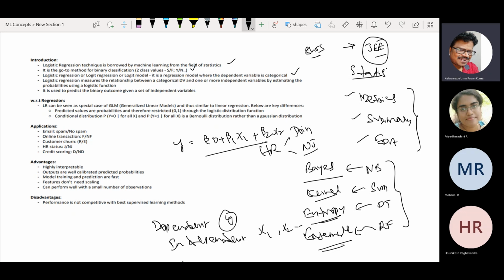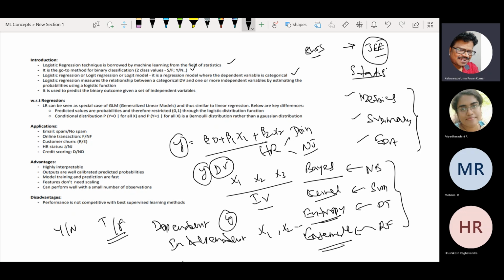In terms of independent and dependent, x1, x2, x3 are all independent variables, whereas y is the dependent variable. To find this particular y, we analyze the x1, x2, x3 values, and accordingly we get the outcome. Now, the dependent variable y is categorical. Categorical means yes or no, true or false.